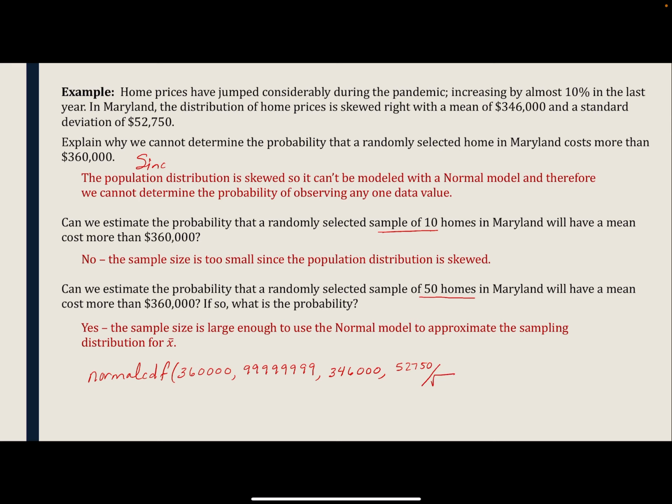So divided by the square root of the sample size, 50. You can actually put this into the normal CDF command. You can put this little formula in, and it will calculate it for you without having to do the extra calculation. And when you do this, you get 0.03. Okay, the next video will be on confidence intervals.